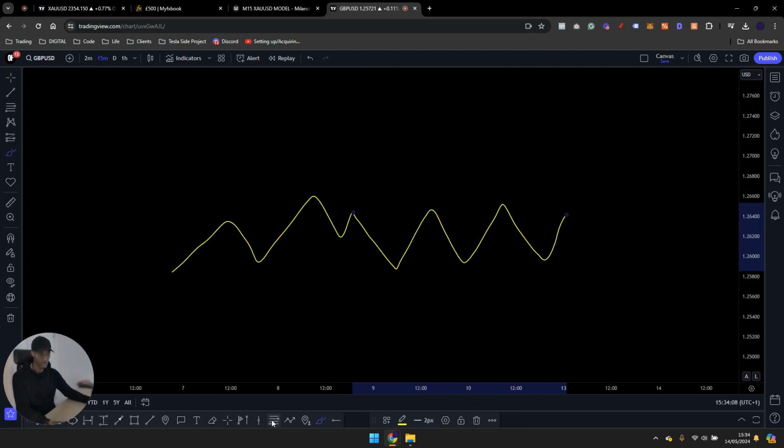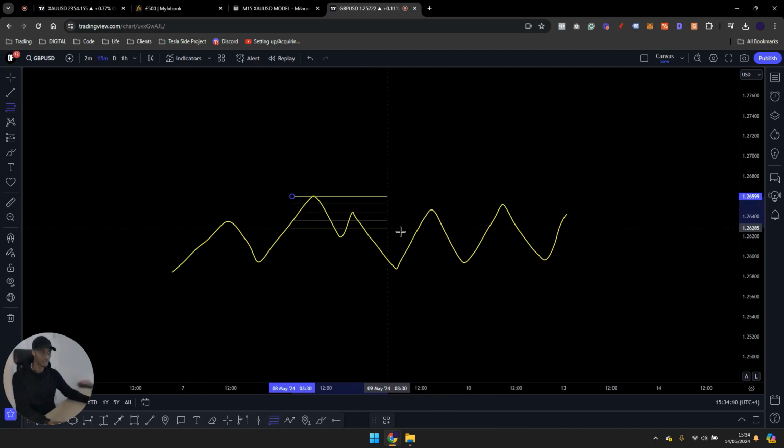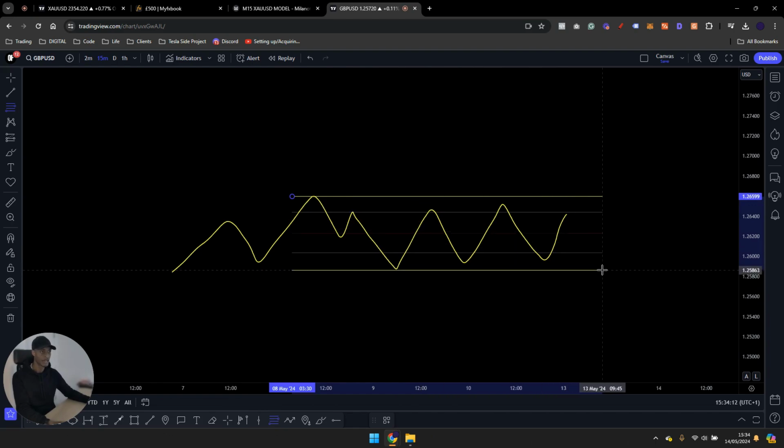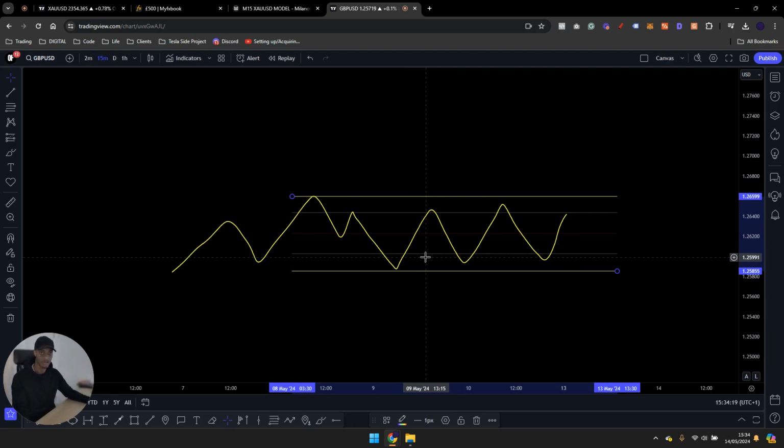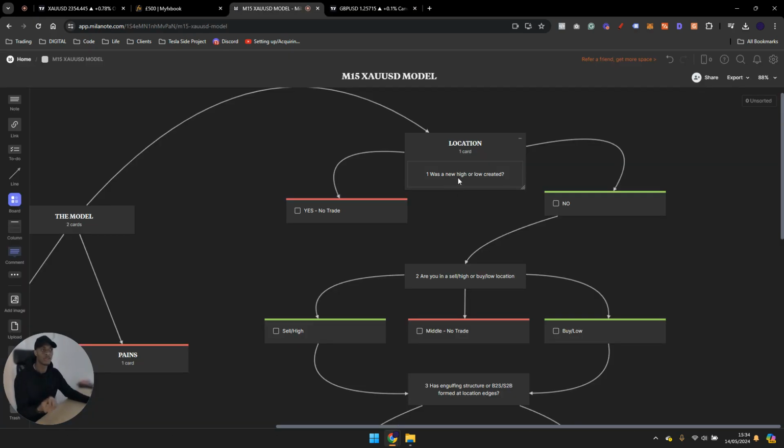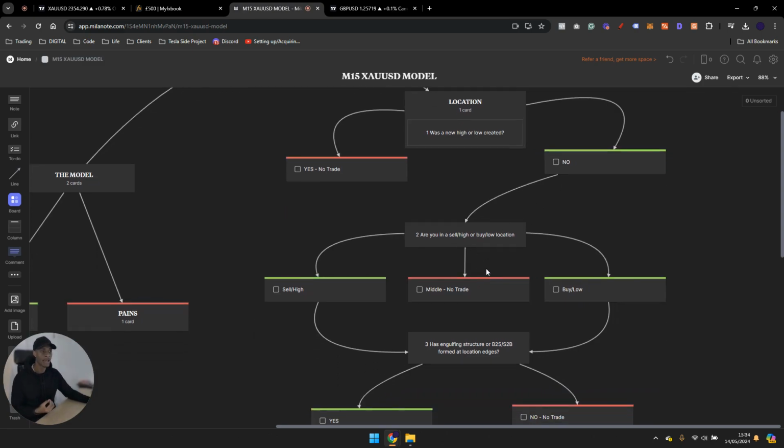So what do we do? We put on our location tool. And now all we want to be doing is trading at these edges. But what do we do at these edges? Right? How do we define that for ourselves? Because we have a plan. Was a new high or low created? No. Perfect. We now know that we're in a sideways range. Are you in a sell high or buy low location?